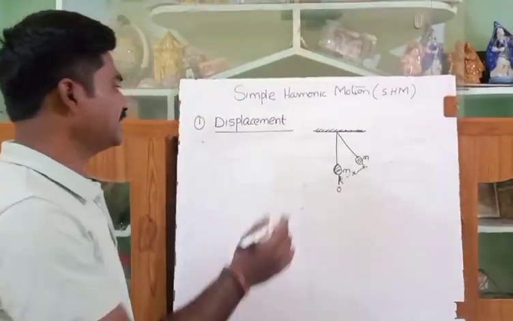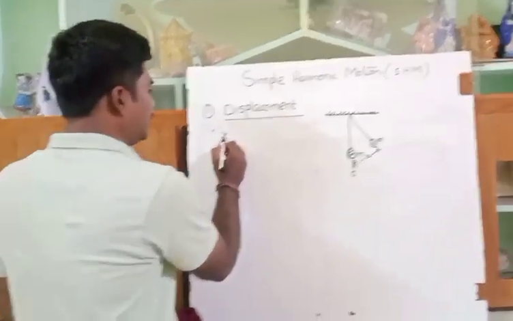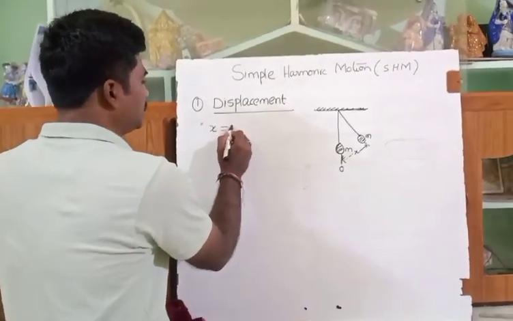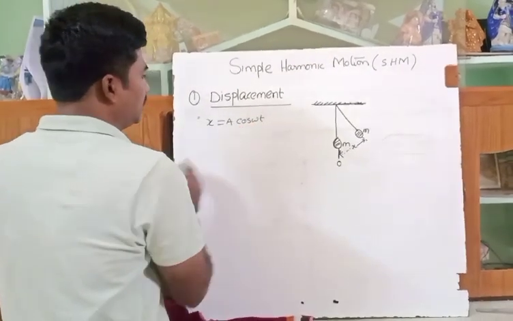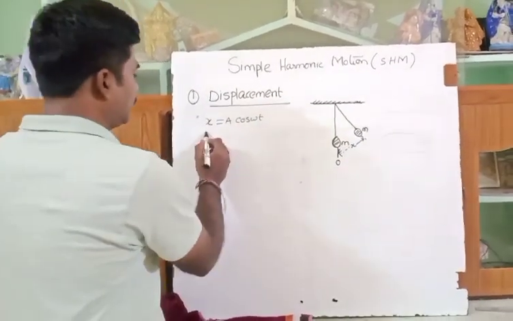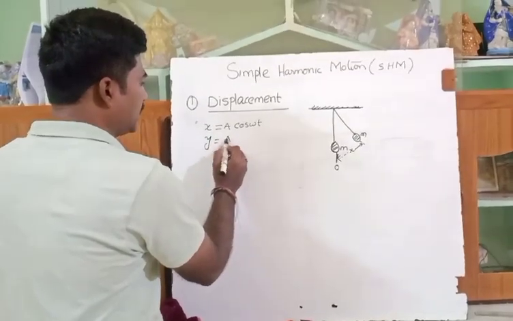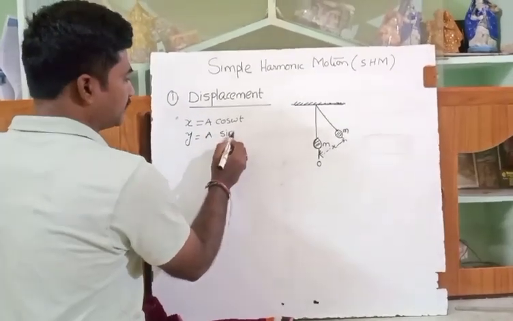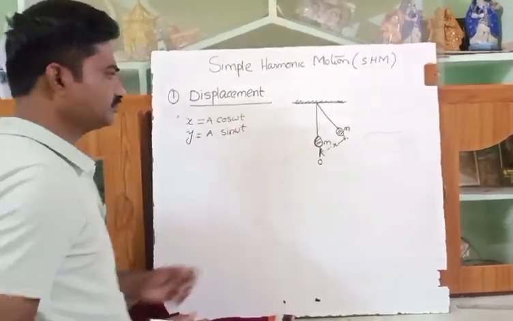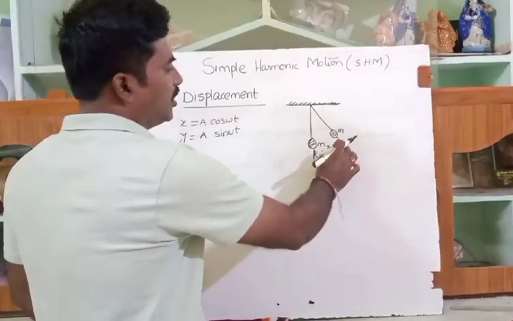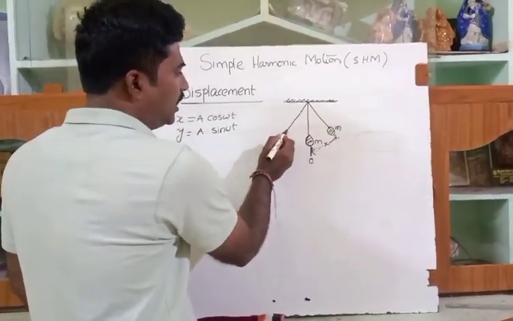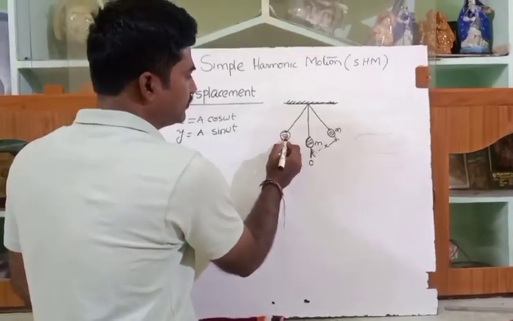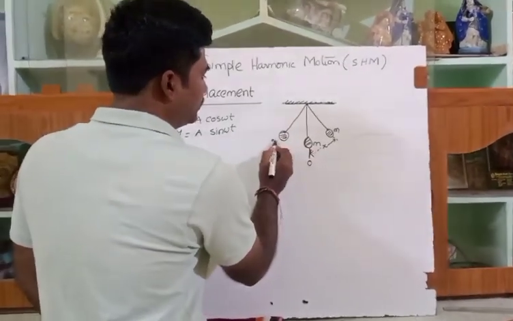The displacement has an equation, that is x equals a cos omega t, we take in cosine form, or y equals a sin omega t. Here the displacement of the bob or mass is also true on the other side of the mean position.